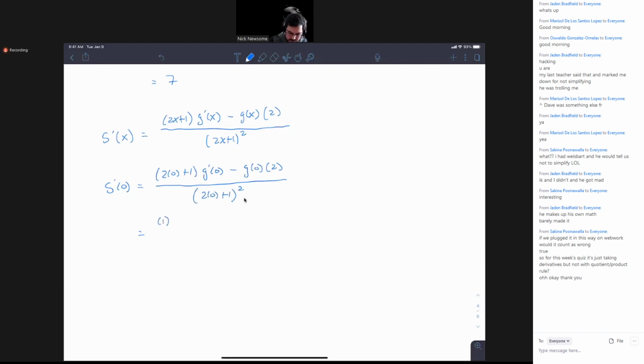G prime of 0 is 4 minus g of 0 is 3. Number 2 comes along for the ride. And we already said that that thing is 1 squared. And we simplify. What do we get here? 4 minus 6 is minus 2, divided by 1 is minus 2.